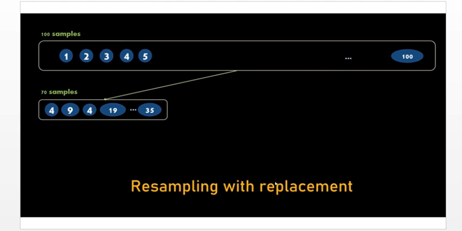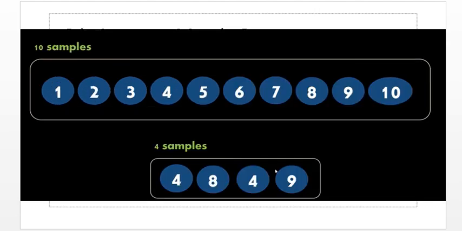Now, it can be used in small data sets to maximize data utilization. You can also use it to evaluate reliability of model predictions or statistical estimates, and to assess the variability of the model's prediction, that is the bias and variance trade-off.